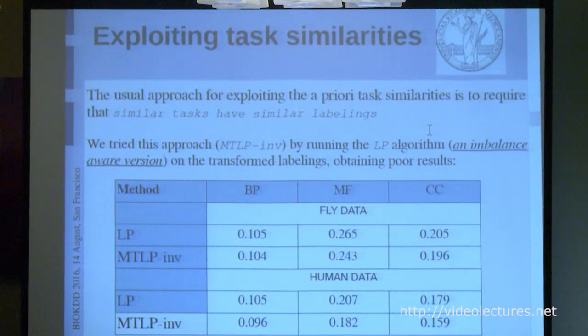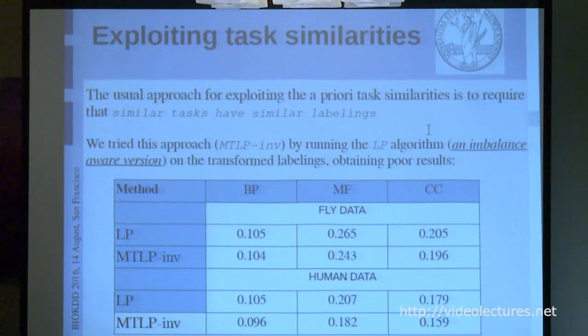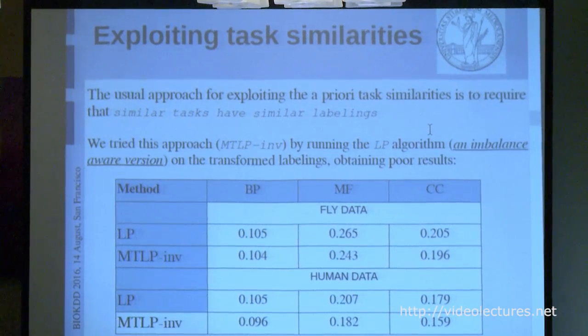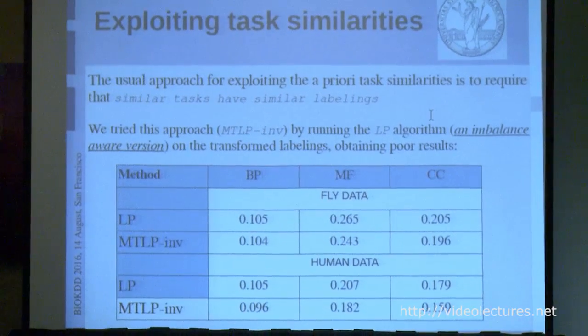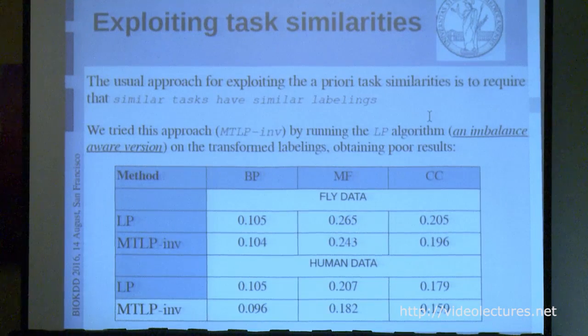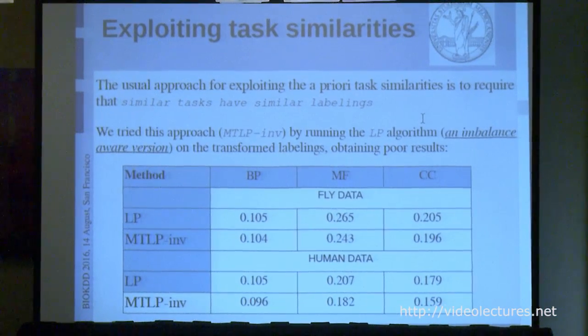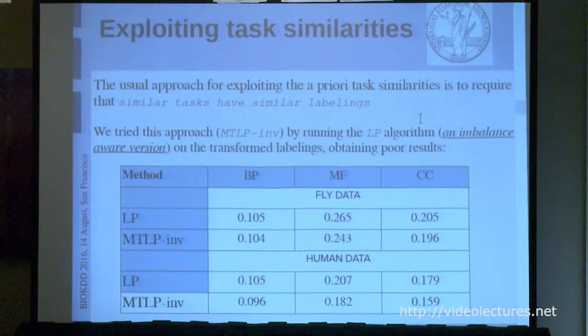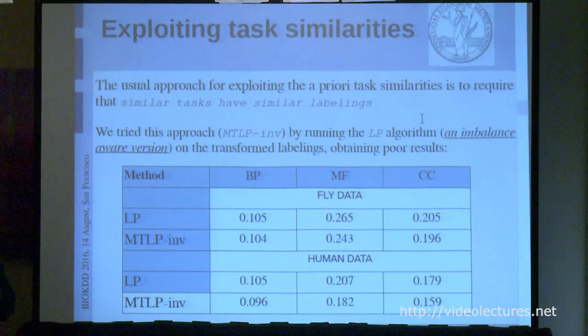Now we want to extend this approach in order to exploit also task relationships. Usually, when we have a graph of tasks, the approach is to try to constrain the labeling associated to each task to be closer when the tasks are related to each other.